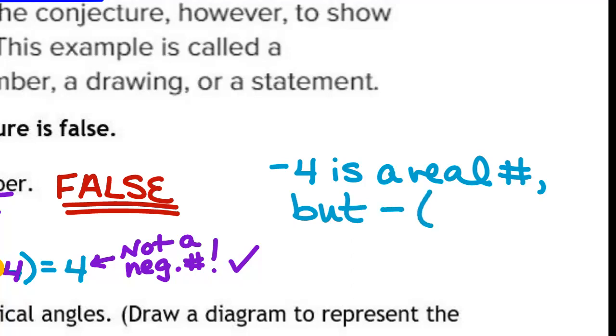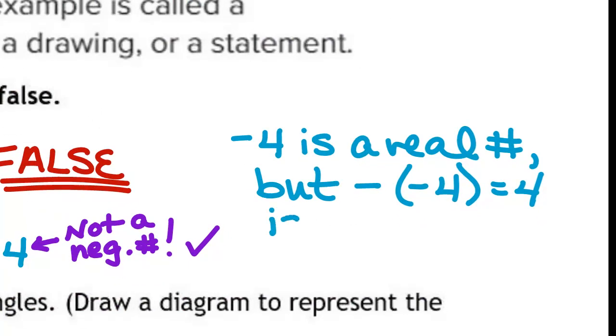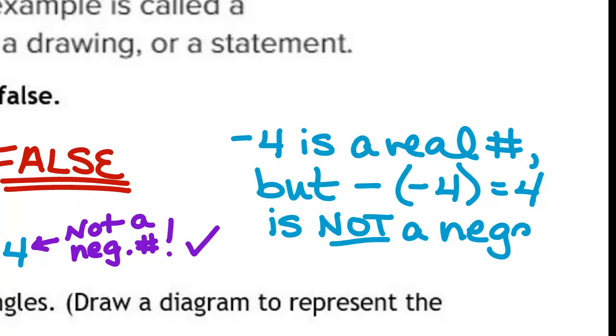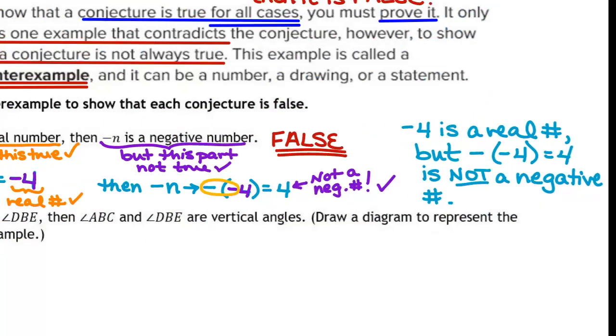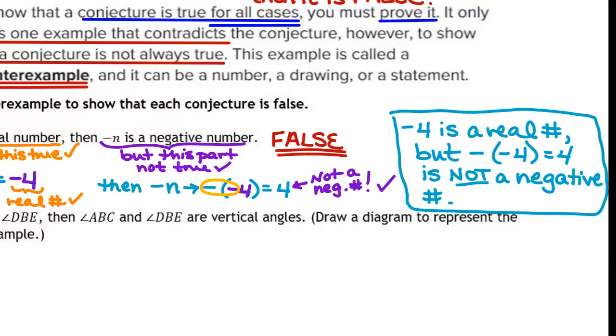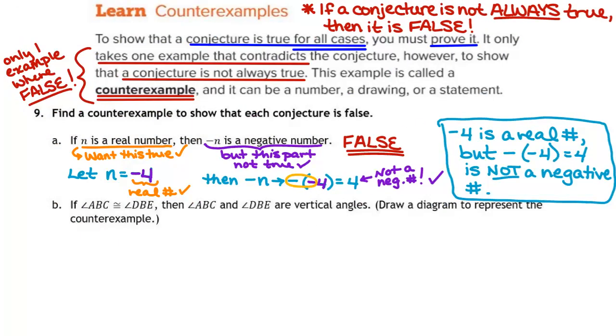But -(-4) is not a negative number. So that would be my counterexample. My counterexample would be -4.